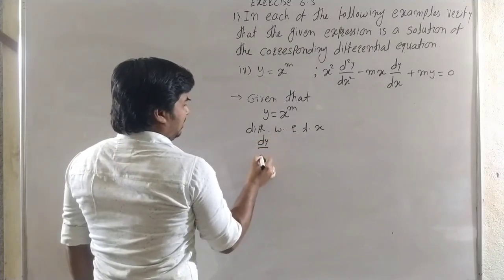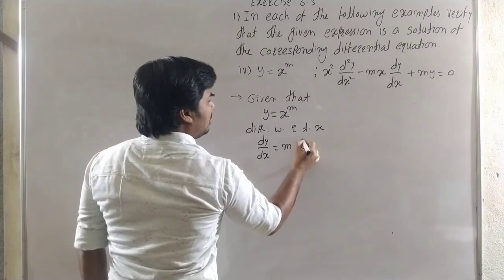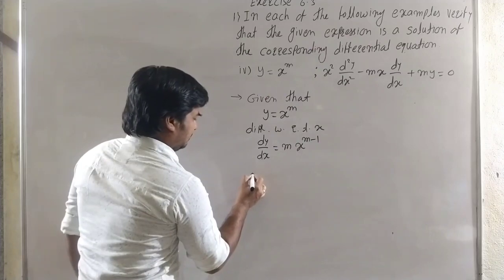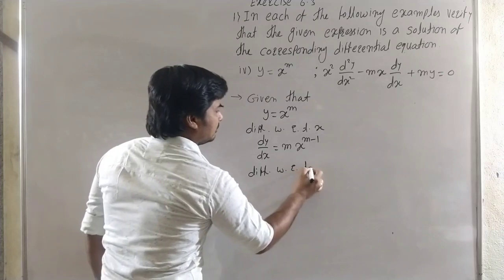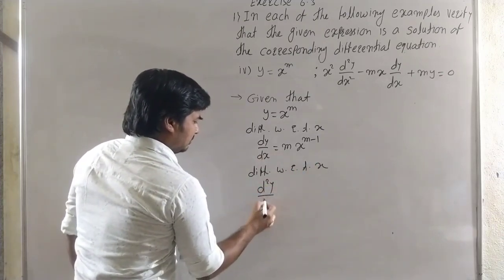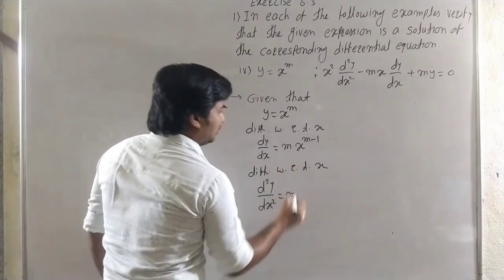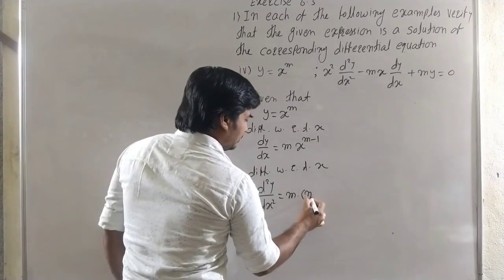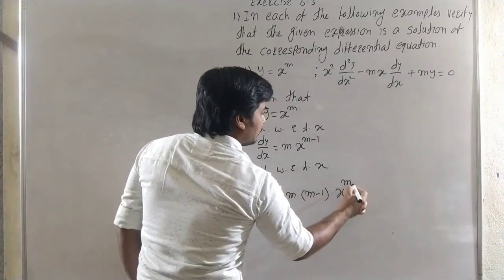Derivative of y, dy by dx is equal to m into x to the power m minus 1. Again differentiate. Here d2y by dx2 is equal to m as it is, into m x to the power m minus 1, so we can write m minus 1 into x to the power m minus 2.